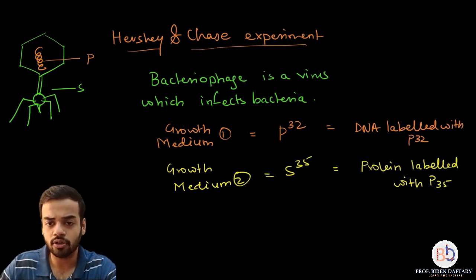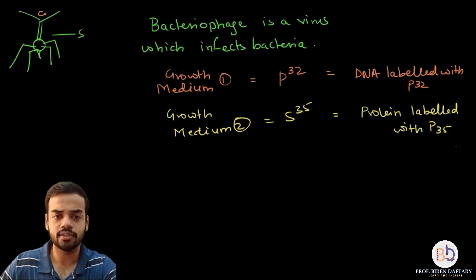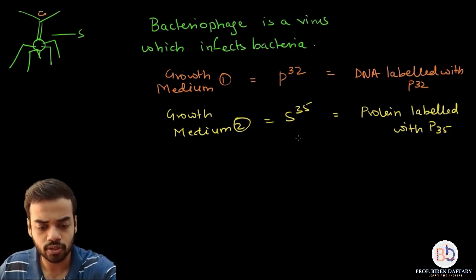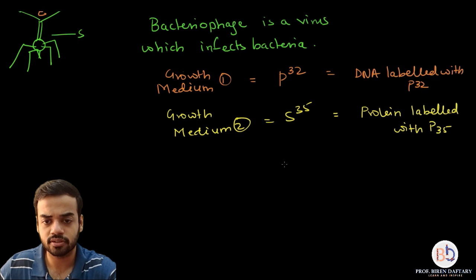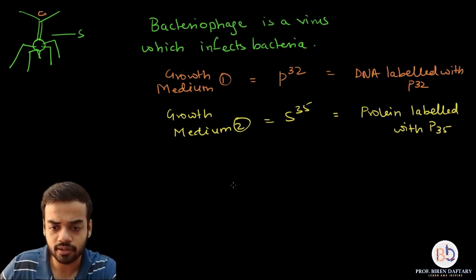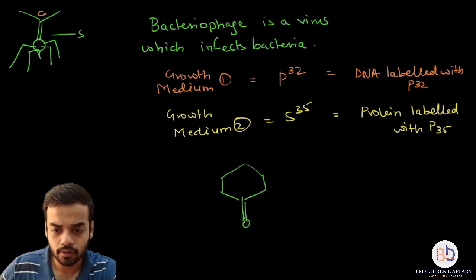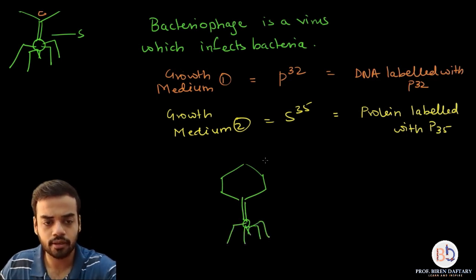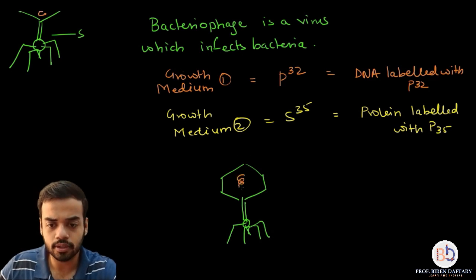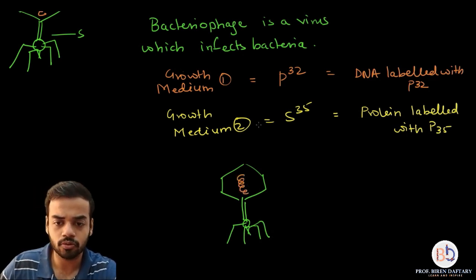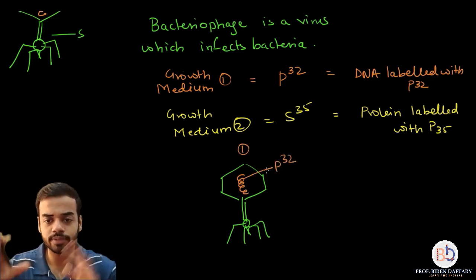If you want, I can draw the two structures over here so that it is easier to understand. I'm going to draw the basic structure. This is growth medium 1, the first bacteriophage, and the DNA. Now this DNA is labeled with P32 because it was grown in growth medium 1.